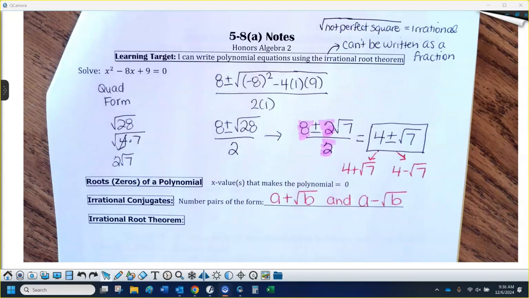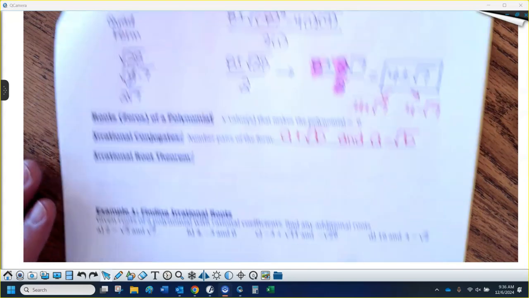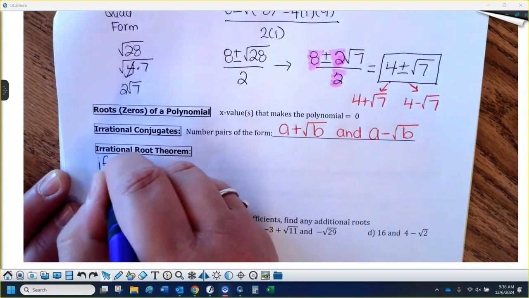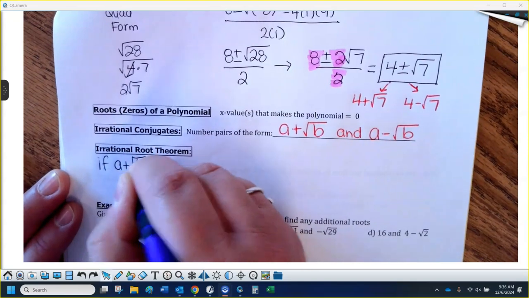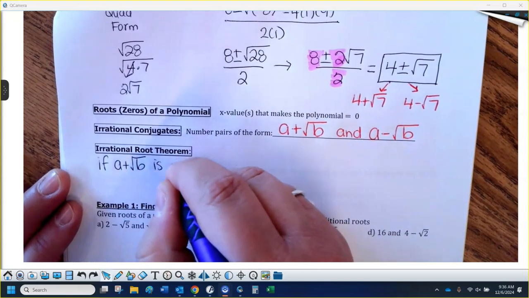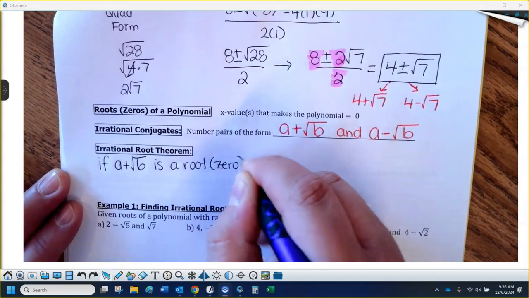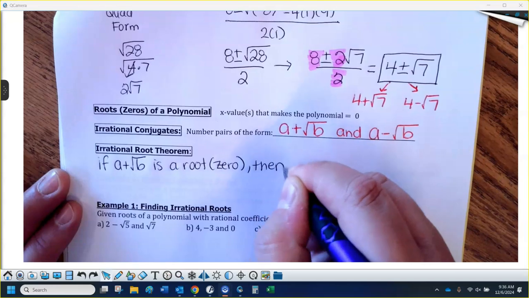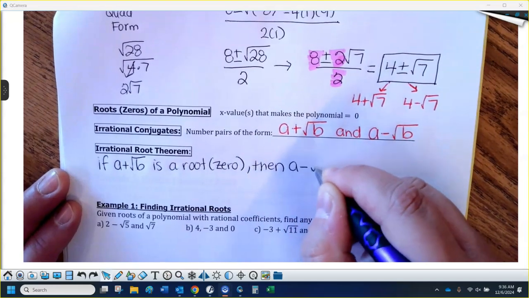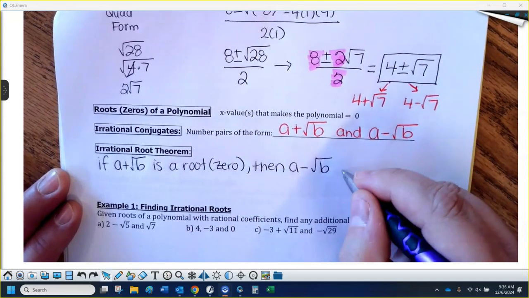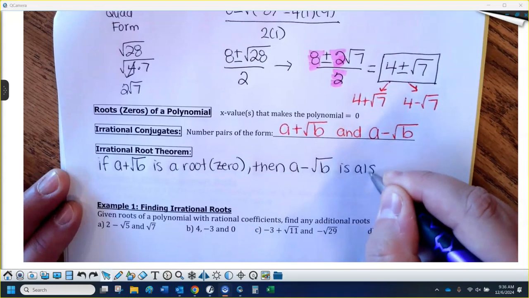So we're going to talk about this for our theorem here today. Let me just write it as I say it. If a plus the square root of b is a root or a 0 of your polynomial, then automatically a minus the square root of b, its conjugate, is also.